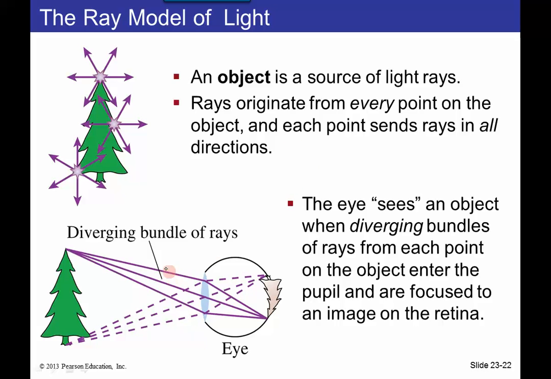So that's how we see things, right? For instance, this point here sends rays in all directions. In particular, it sends rays in these directions here. They get to your eye, and you get an image inside your eye, in the retina of your eye.